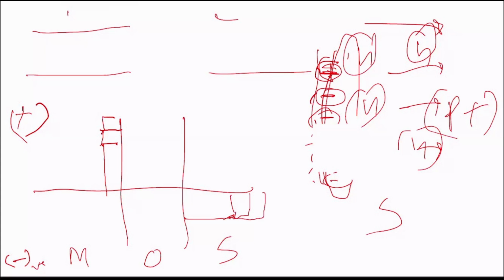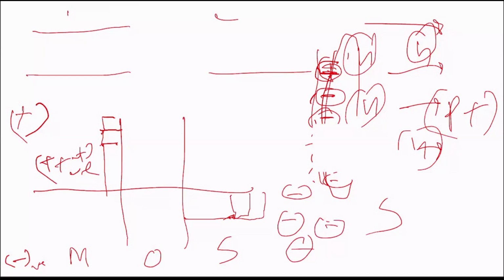But at one point, we will reach a particular voltage, which is known as the threshold voltage. What will happen in that case is the voltage is so strong that we can attract the minority carrier electrons from the substrate to the edge of the oxide here. Now, the minority carrier electrons begin to gather here.